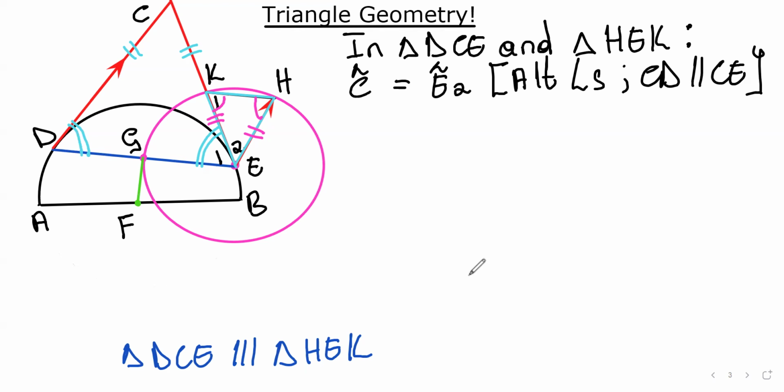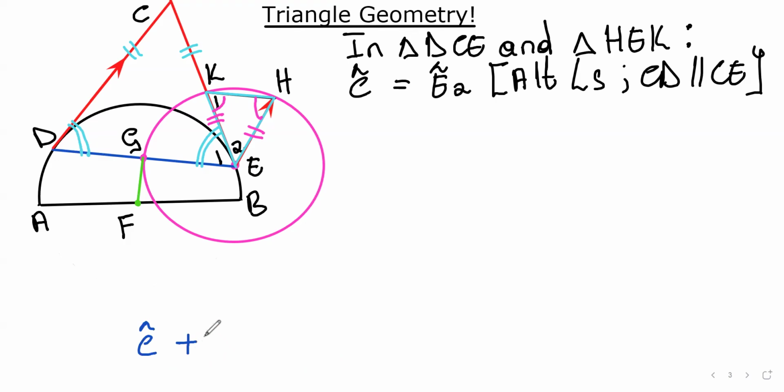Well, let's go to the big triangle. What is it we know from the bigger triangle? Well, this is what we know. According to the sum of interior angles of a triangle, we know that if we take angle C, we add it to angle D, we also add it to angle E1, the answer is going to be 180 degrees.